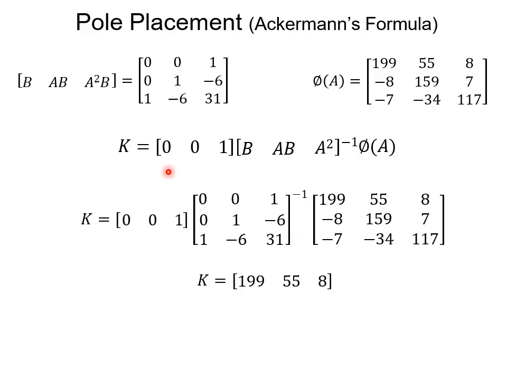Then we obtain the matrix K equals 0, 0, 1 times B, AB, A squared B, all inverse, times phi of A. We obtain K equals 199, 55, and 8, which is K1, K2, and K3.